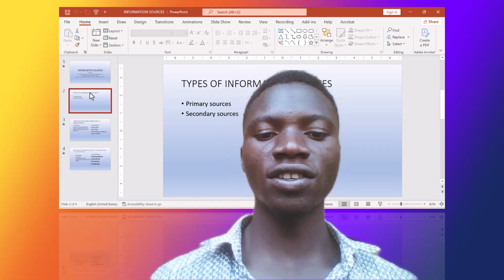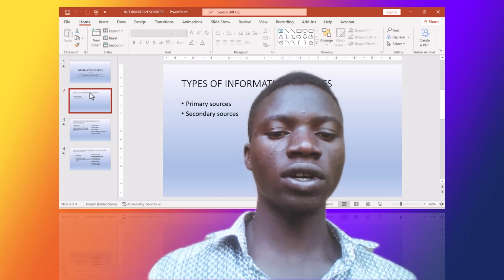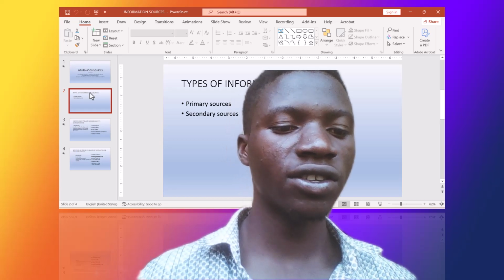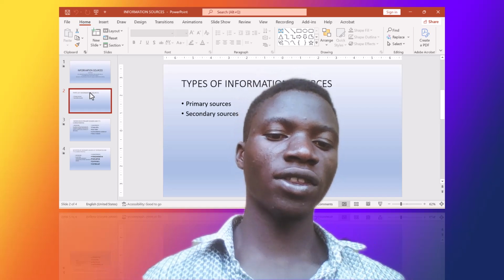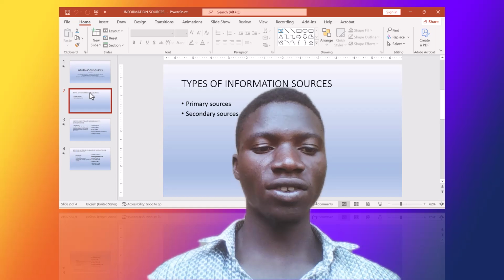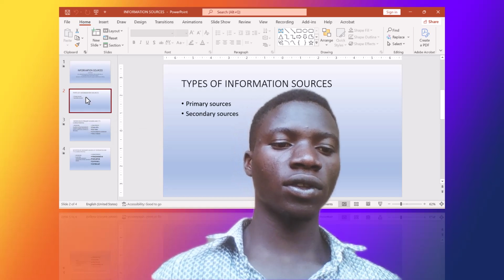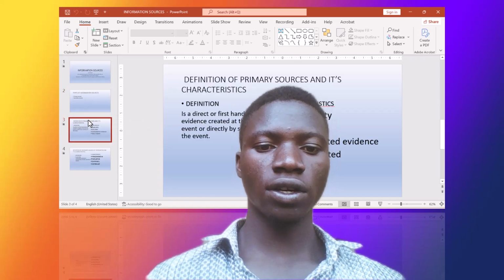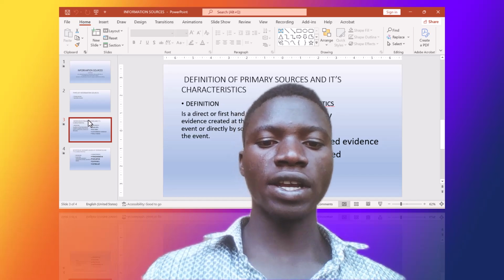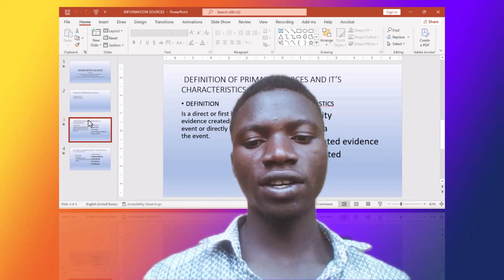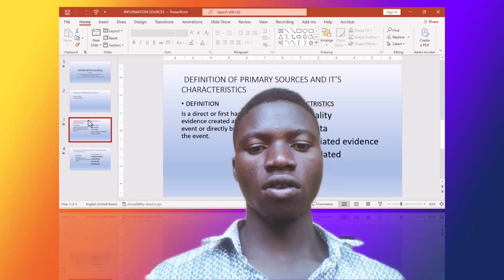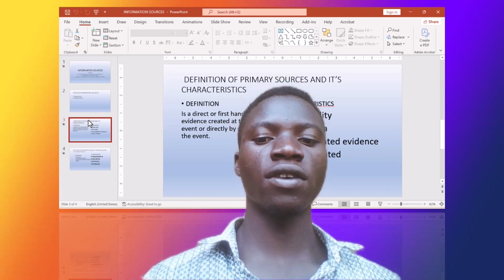So we have the types of information sources. They are divided into two categories: the primary sources and the secondary sources. I'm going to start with the primary sources, which are the direct or first-hand piece of evidence created at the time of the event or directly by someone in the event.